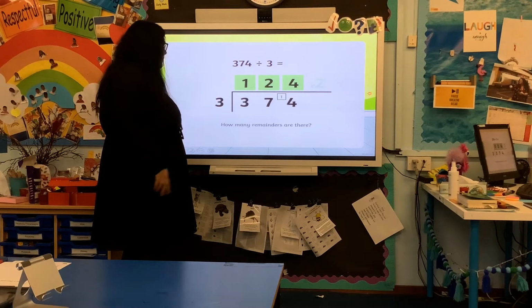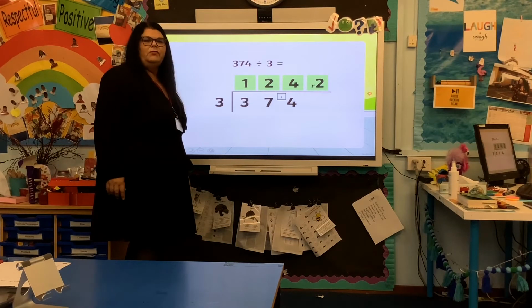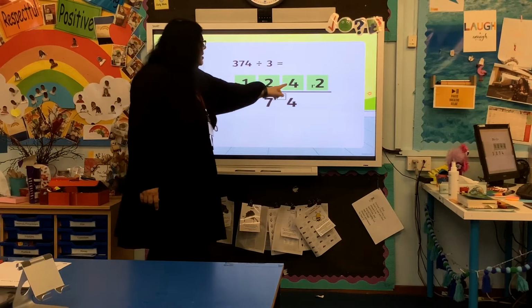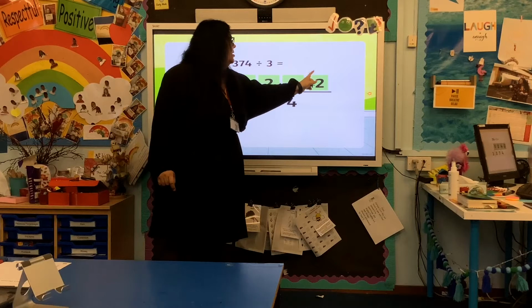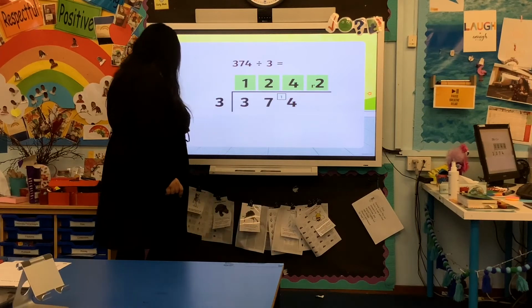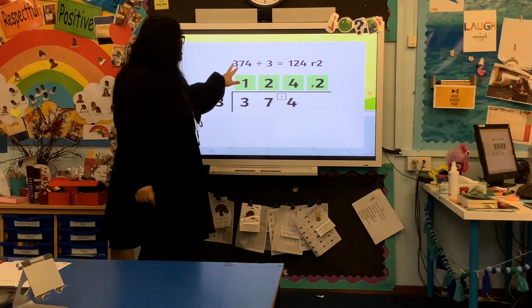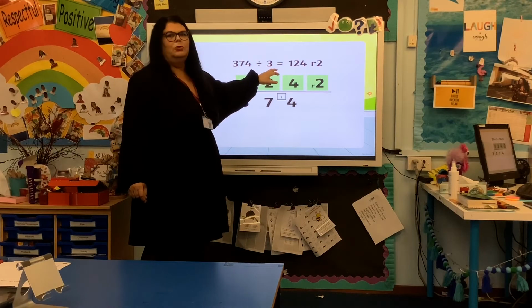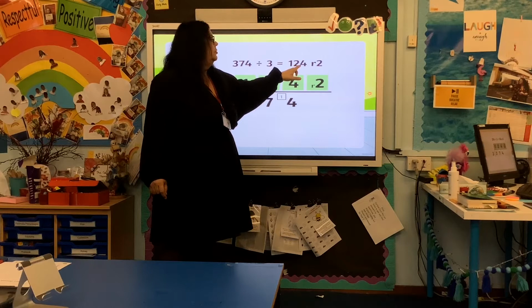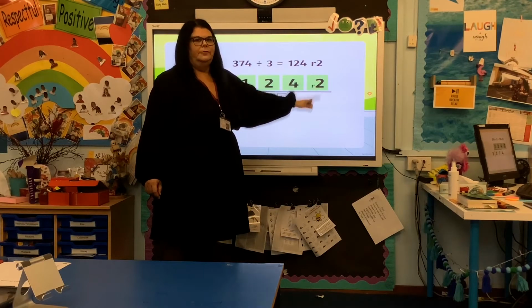There are 2 left over, and this is how you write it. You write the number and then a small r for remainder and then the number 2. So the answer to 374 divided by 3 equals 124 remainder 2.